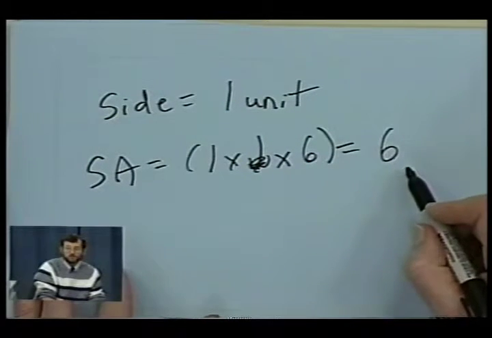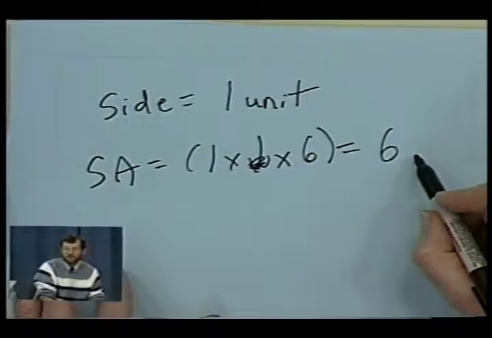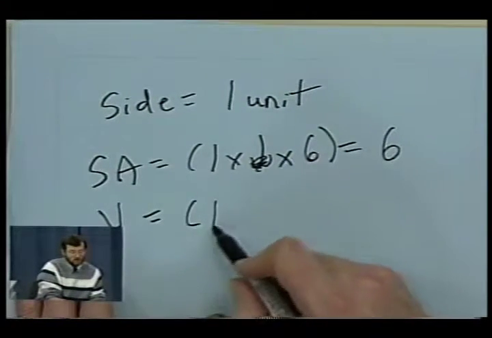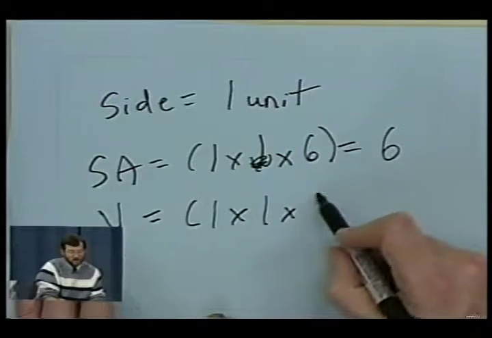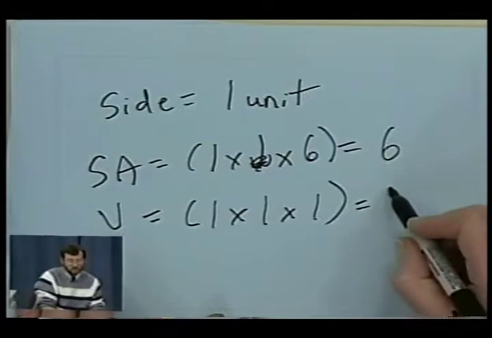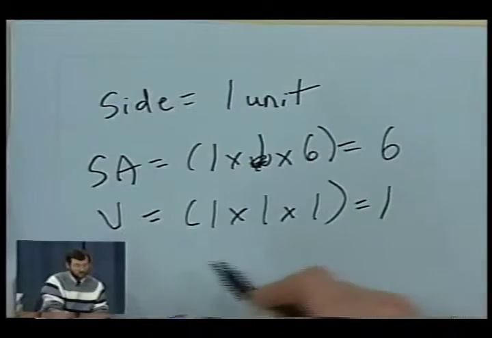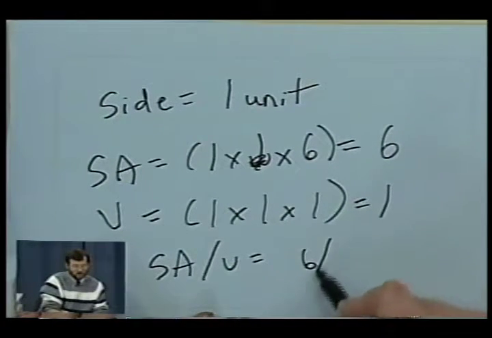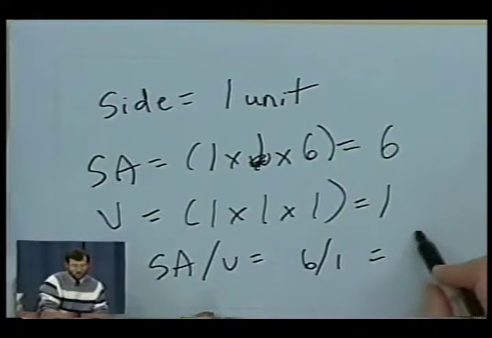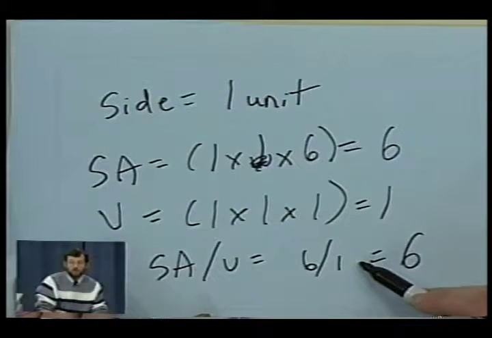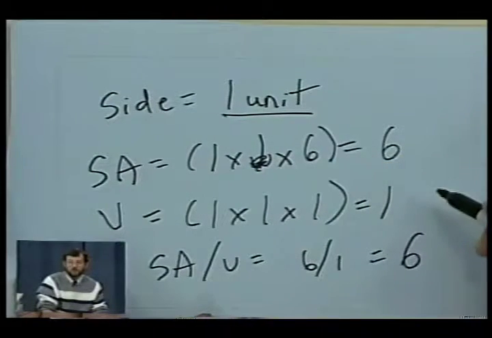So that's going to be equal to 6 units squared, basically. Volume is going to be equal to 1 times 1 times 1, length times width times height, and that's going to then be equal to 1 cubic unit. If we then take a look at the surface area volume ratio, that's going to be 6 over 1, or our ratio is 6. We have 6 times as much surface area as we have volume. Okay, so that's if we have our side equal to 1 unit.